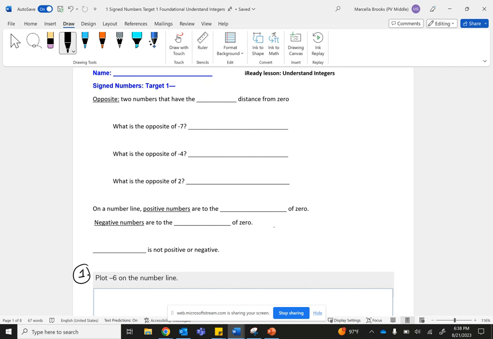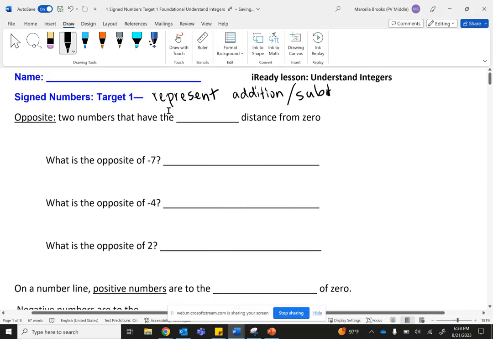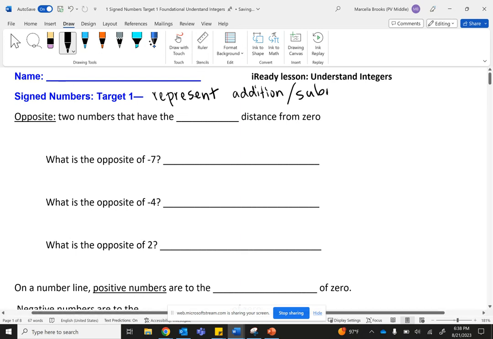This is level 2 for target 1 of signed numbers, where we are going to represent addition and subtraction of signed numbers using a number line. So that's our target that we're working towards. This is level 2.